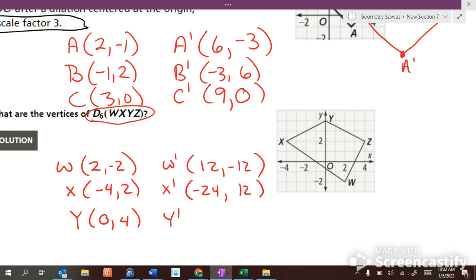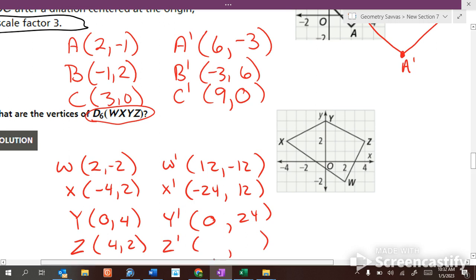Where's Y prime going to end up, Angel? (0, 24). And Z is at (4, 2). Where's Z prime going to be, Caleb?